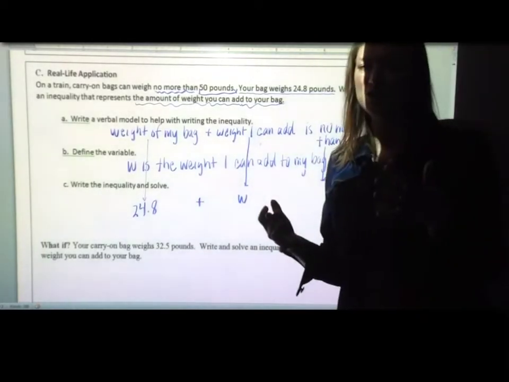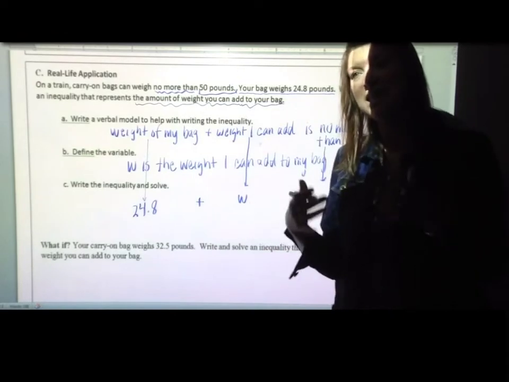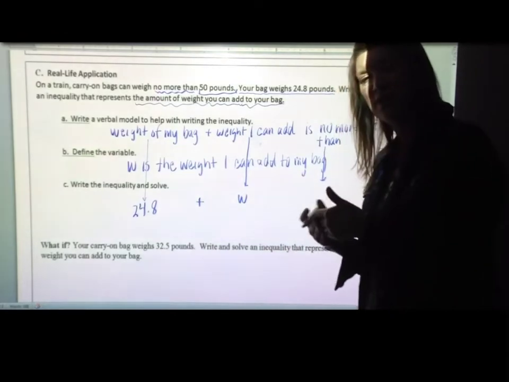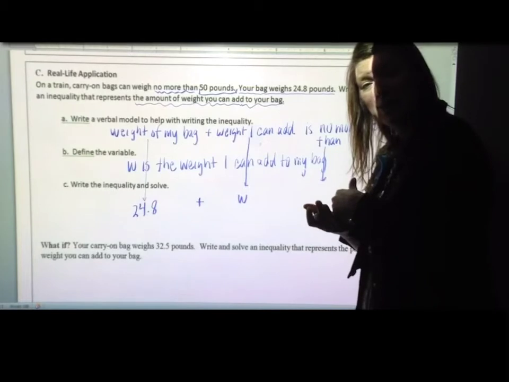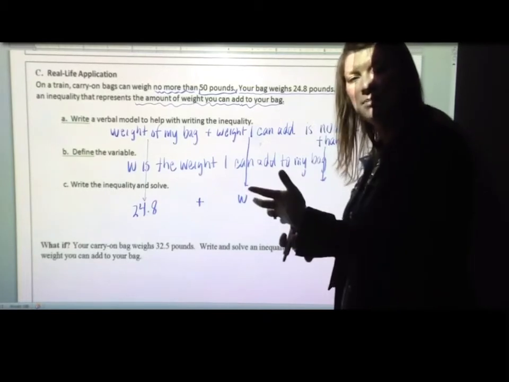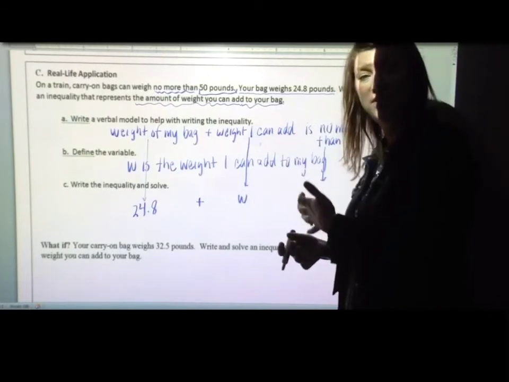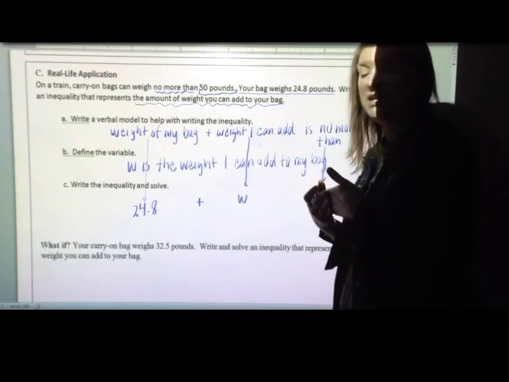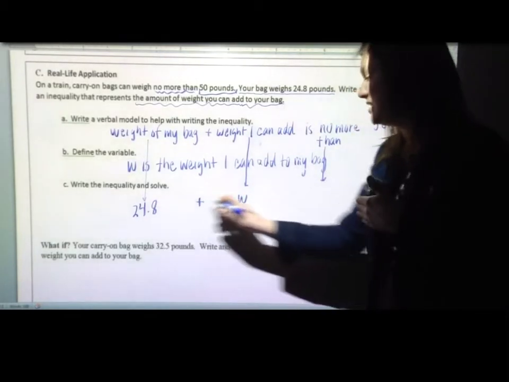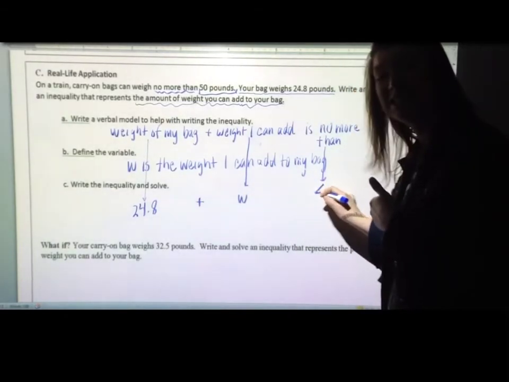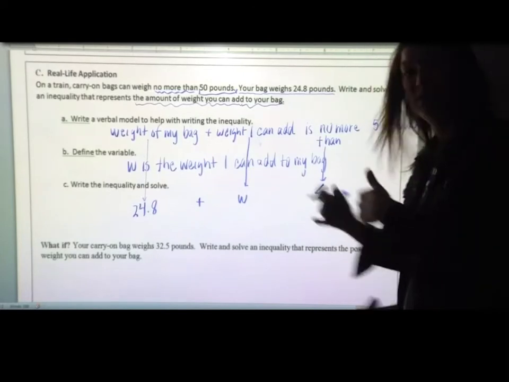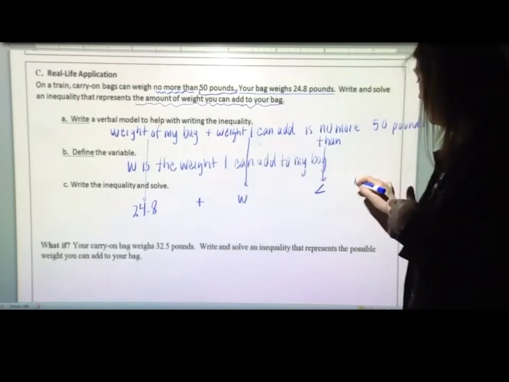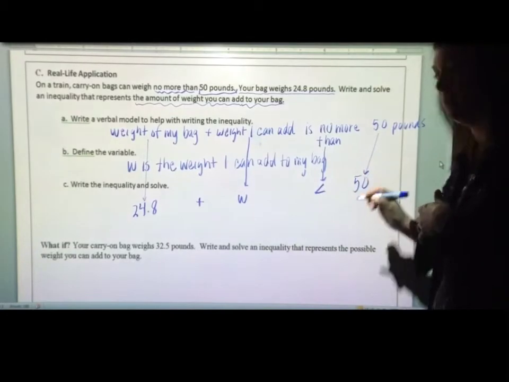Wait a second here. What type of inequality says is no more than? You have to figure out, is 50 the maximum I can bring, or is 50 the minimum I can bring? No more than means I max out at 50. So this amount has to be less than 50, because that's my maximum. So the 50 is over here in my translation.